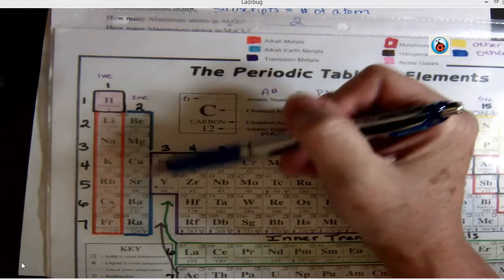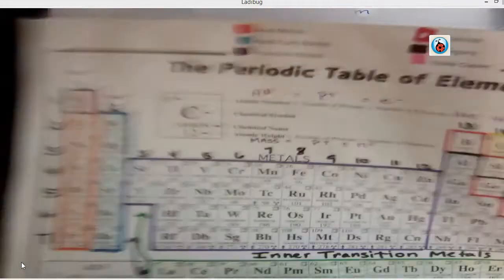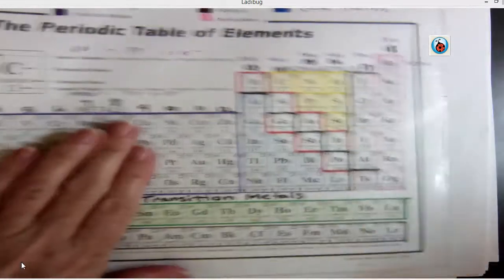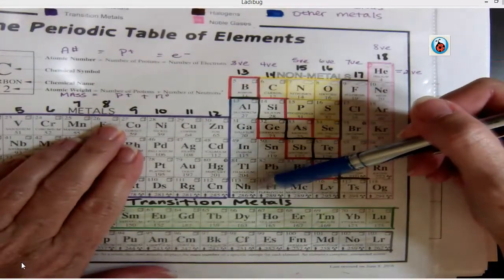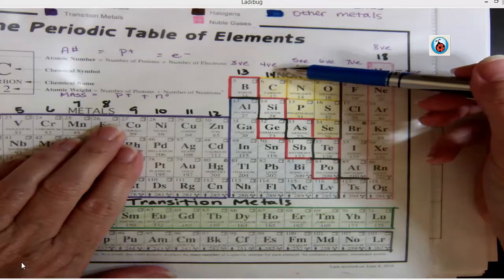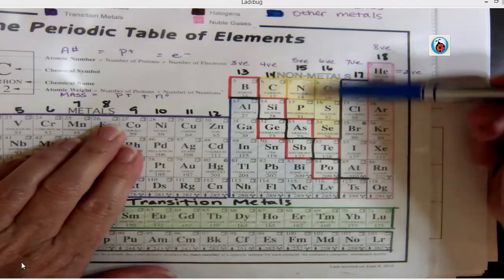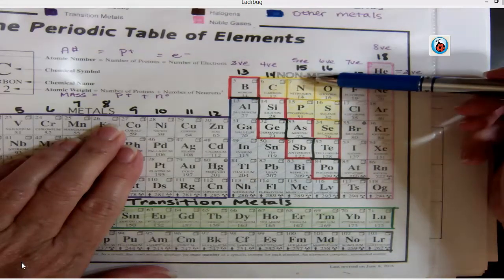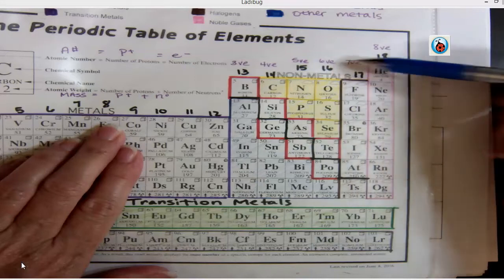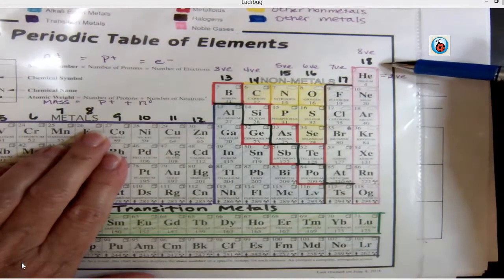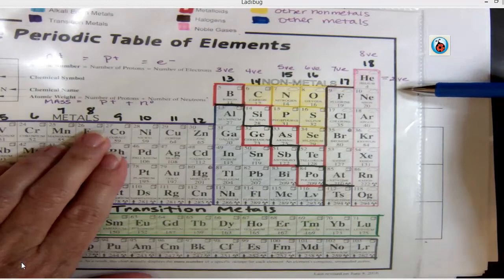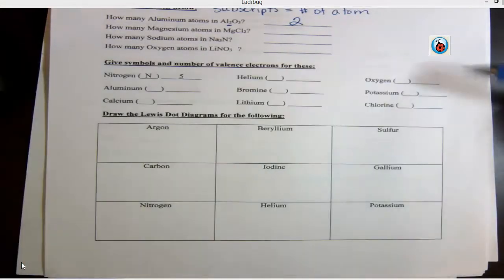Group 2 has 2 valence electrons. Then we're going to skip our transition metals. Group 13 has 3 valence electrons. 14 has 4. 15 has 5. 16, 6. 17, 7. 18, 8, except for helium, which only has 2 valence electrons. Okay, so you should be able to do this.